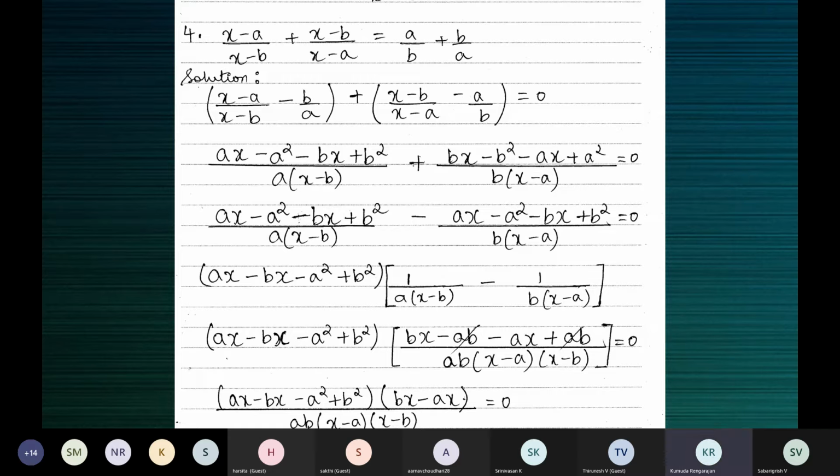Shruti, third and fourth questions, they're the same. So don't worry about the third one. Third is the same as the fourth one, not similar, same. Okay, ma'am. Thank you, ma'am.